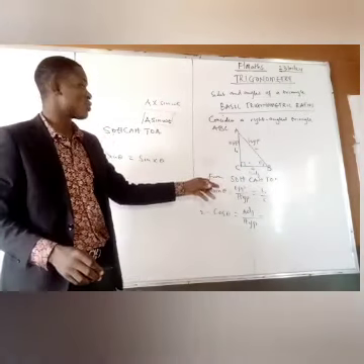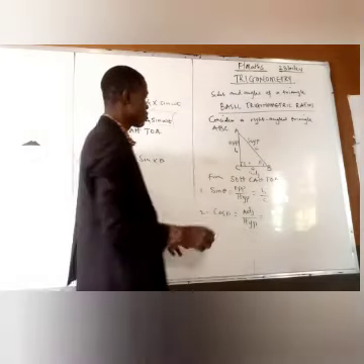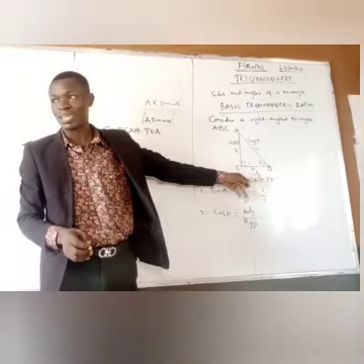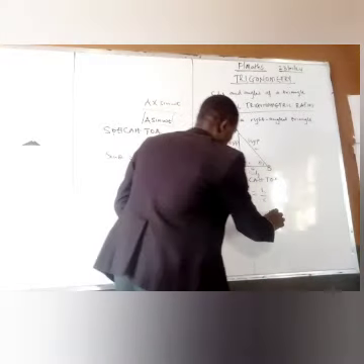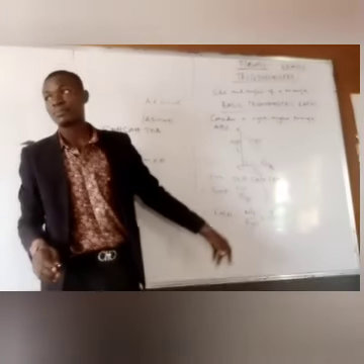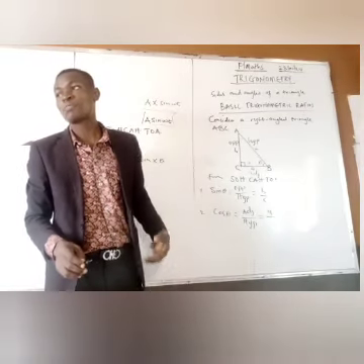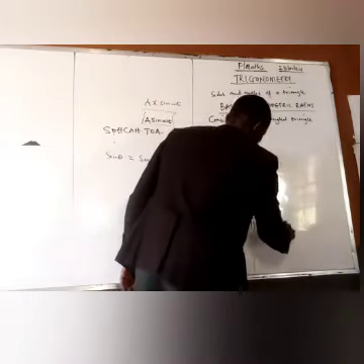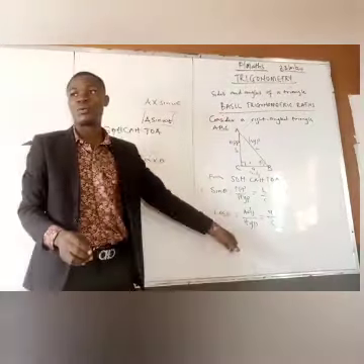What's our adjacent? Very good. Our adjacent is A. So we have A over, what's the hypotenuse? C. So that's A over what? C. Are we good now?